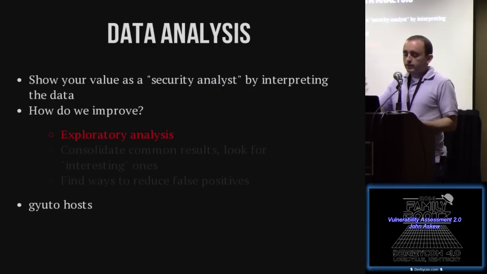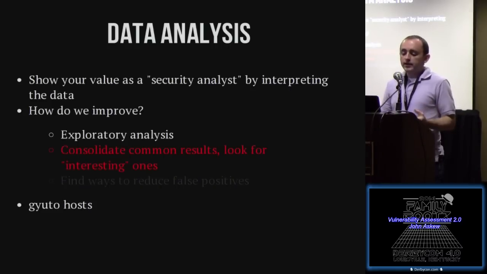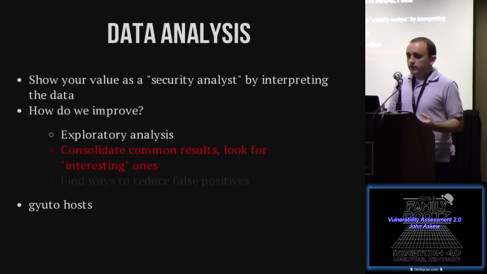Show me all the hosts that are missing some particular Java patch, or just show me the distribution of Java versions in the environment. Things like that. Consolidating common results is incredibly useful.